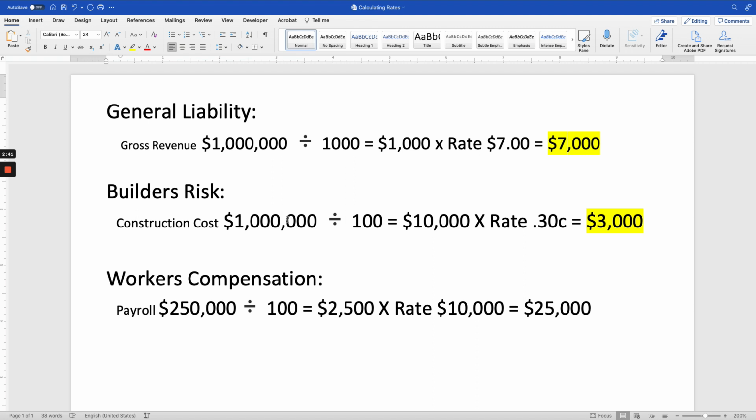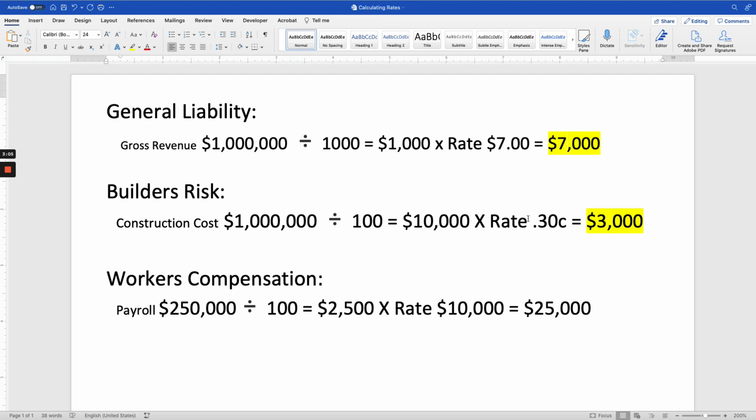So you have a rate for your insurance, but then you have to use a different rate that only you can decide, based on knowing what the rate is, but then padding it a little bit for your job and how your job works. So let's just say the construction cost is $1 million, and this time you divide it by 100. You get 10,000, and you times it by the rate.